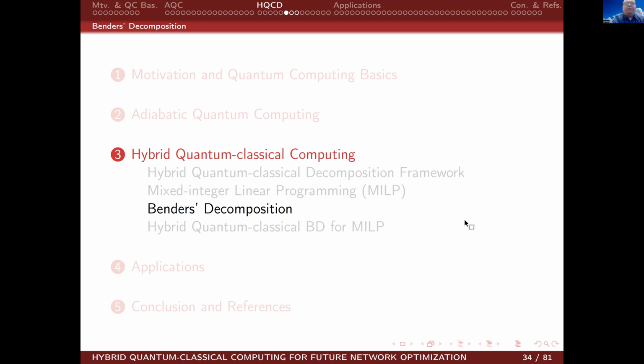We can first solve the integer part to get an integer solution and send it to the continuous part, then solve the linear programming. Linear programming can be solved very well on a classical computer. Then we can generate Benders cuts back to the master problem.